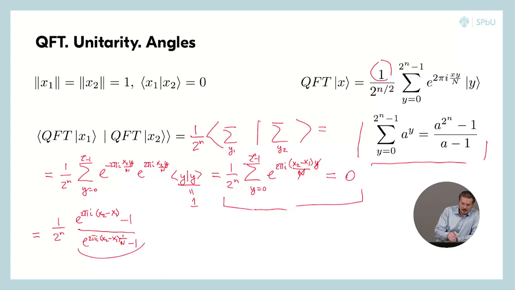So this does not equal 0, and this does, because here we have some integer, and the complex exponent with an integer number of these angles 2π always equals 1. So we have 1 minus 1, and the whole sum equals 0. Thus, we see that QFT preserves not only the norm, but angles too. Thus, it is unitary.